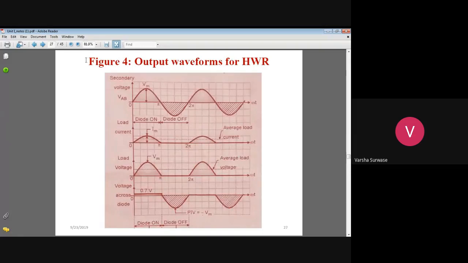This is the circuit diagram and waveforms for the half wave rectifier. This is the input voltage we are applying: 0, pi, 2 pi, 3 pi, 4 pi, like this. From 0 to pi, diode D1 is in forward bias, and from pi to 2 pi, diode D1 is in reverse bias, meaning the diode is off.